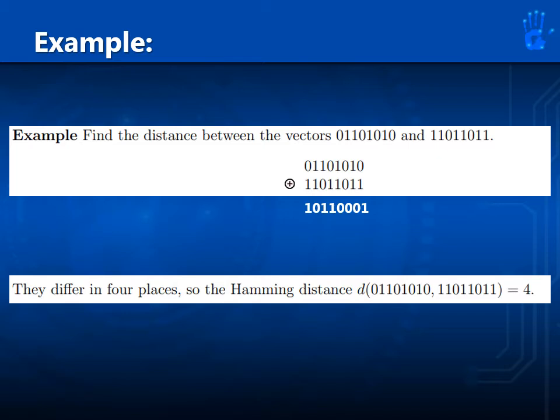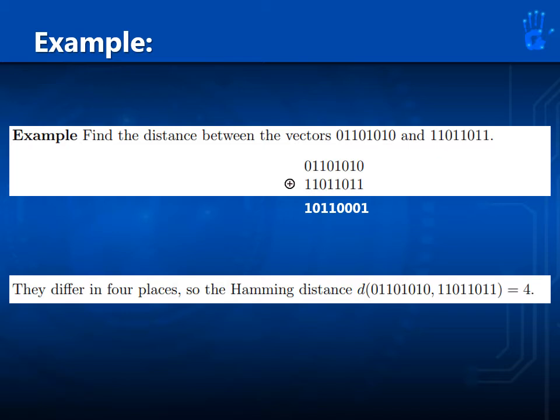Now this is an example of how to calculate the Hamming distance. Find the distance between the vectors 01101010 and 11011011. To do this, we just apply the XOR operation. For the XOR operation, the result is 1 if the two bits are dissimilar, and if the two bits are similar, the result is 0.